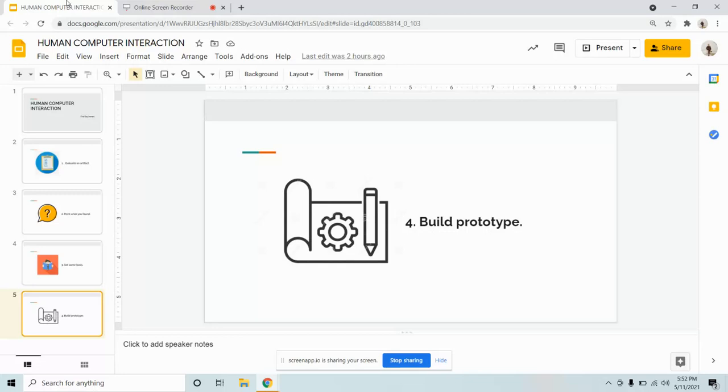So different images that will simulate the flow of the interface, or ang tawag ana is storyboard kumbaga. Okay, so your prototype is simply an image that simulates the process. So basically, mao na ang final requirement.